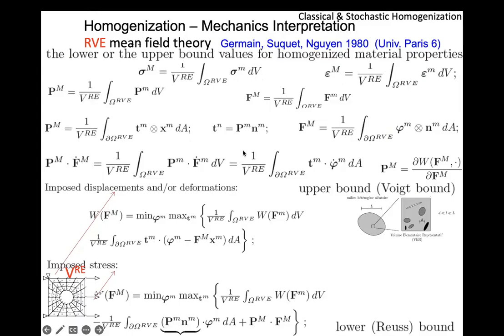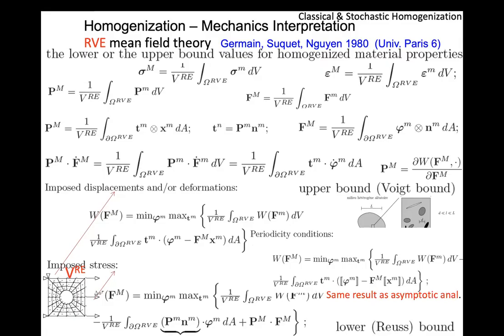And basically then it depends what kind of boundary condition you want to apply. Either you apply the displacement boundary on this representative volume element, or you apply the stress boundary, and this way you get, in the first case, the upper bound or Voigt bound, the stiffest possible response, whereas this would be the lower bound or Reuss bound, the softest possible response.